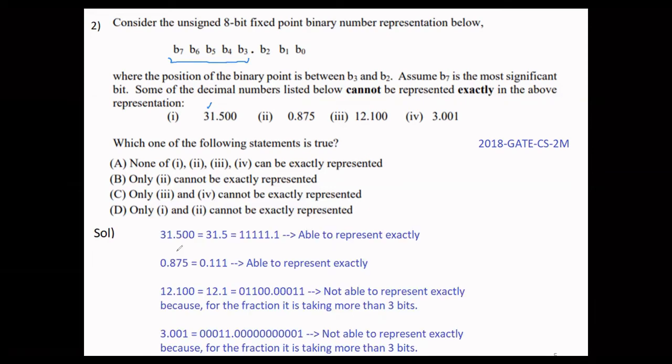So observe here, take option A, that is 31.500. These zeros you can remove because after the binary point there is no value. So 31.5. If you convert it into binary, 31 means all ones, 11111, and 0.5 is nothing but 0.1.